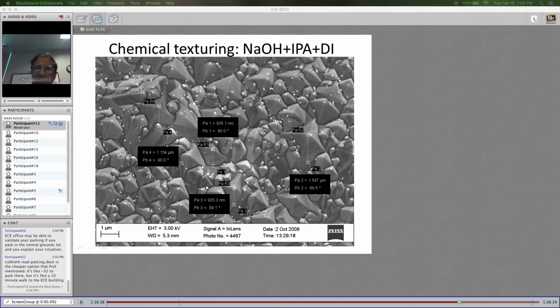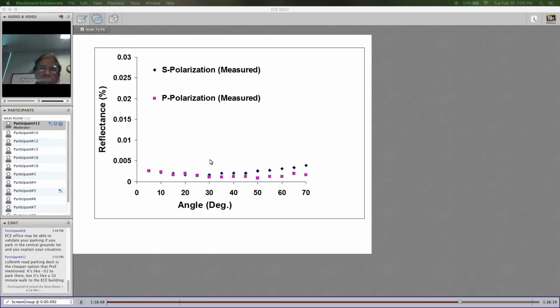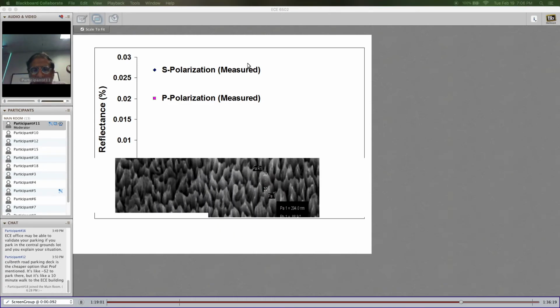So that's another nice part about these textured surfaces, that they are also not as sensitive to the angle. And again, sunlight is unpolarized, but if you have laser light, then you have to worry about polarization effects on the reflection too.